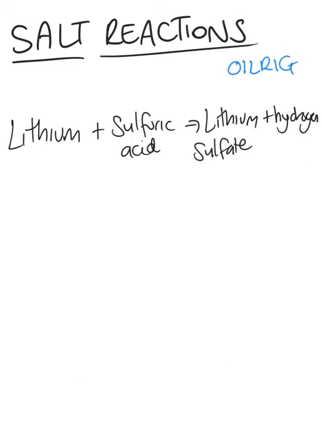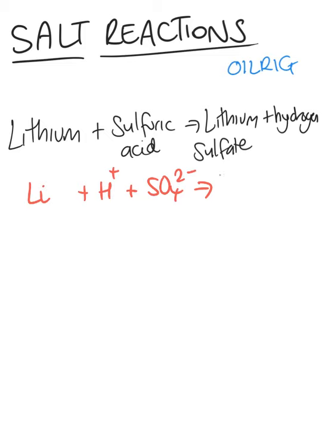Now looking at some salt reactions, a really quick example here. This is lithium reacting with sulfuric acid to give us lithium sulfate and hydrogen. I'll just write out the ionic equation rather than the full balanced equation. Let's just stick with doing ionic and then half equations. Sulfuric acid is H+ and SO4 2-.